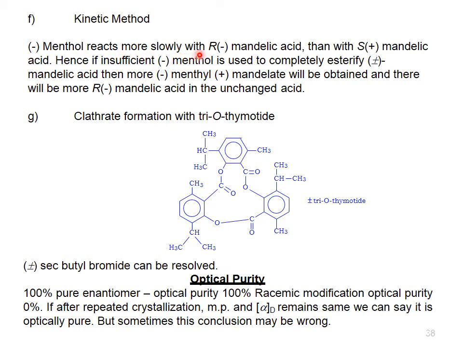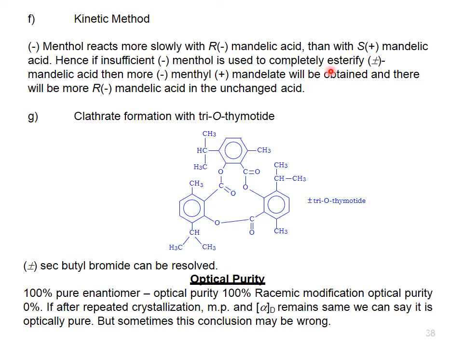From the word it is shown clearly that one enantiomer will react faster than the other, and the enantiomer which reacts at a faster rate will be obtained very quickly compared to the other enantiomer, which reacts very slowly. Here is the example.